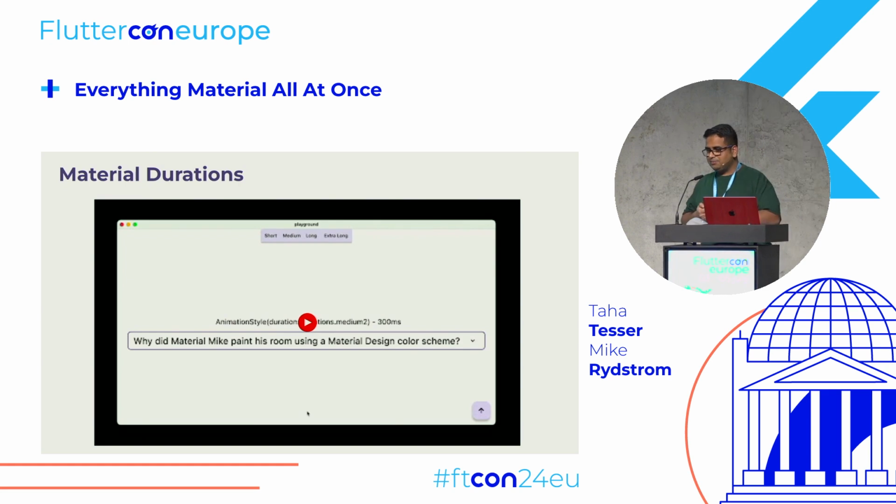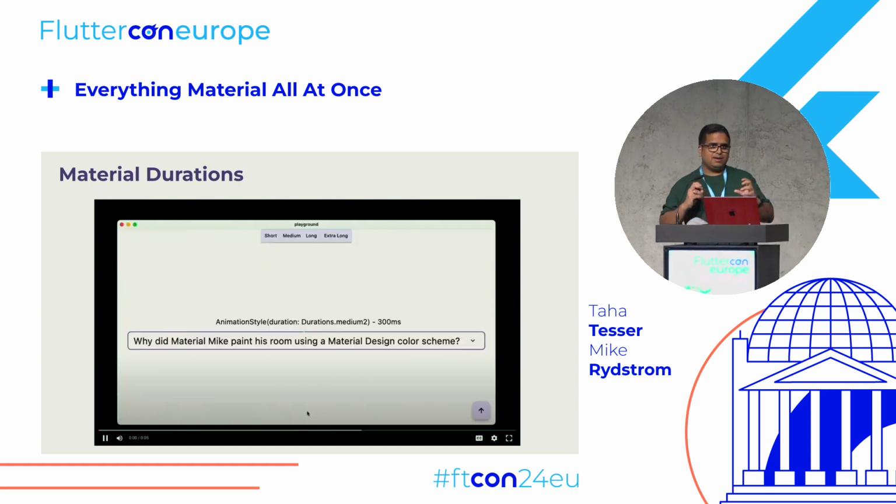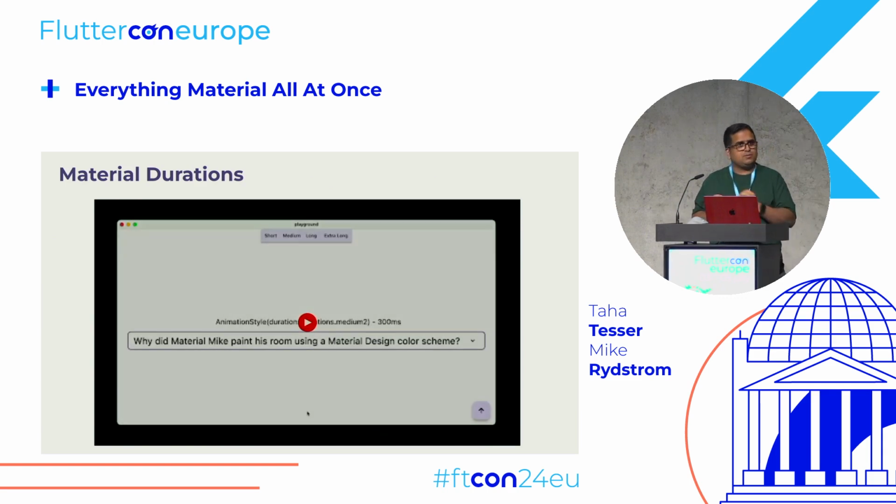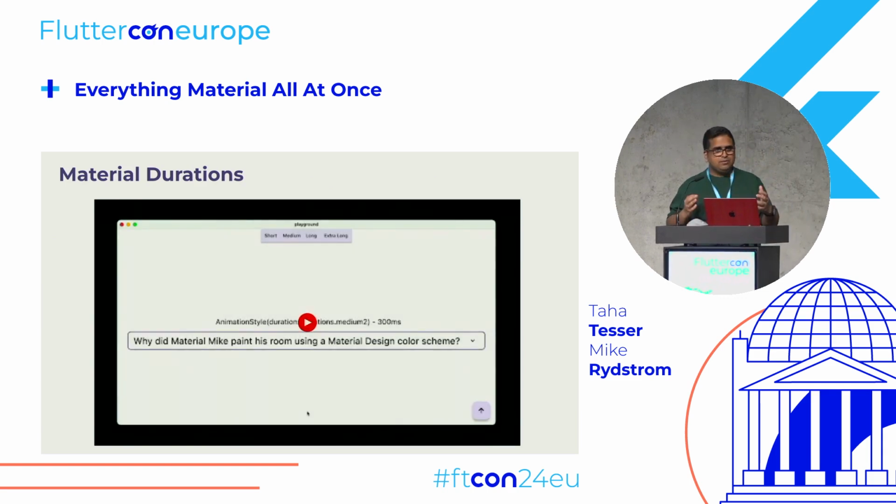And then they also introduced suggested durations you could use for different types of widgets. Certain widgets have to be short, certain widgets can be long. And in general, Material 3 animations are a little bit longer than Material 2. They created really expressive, beautiful designs.